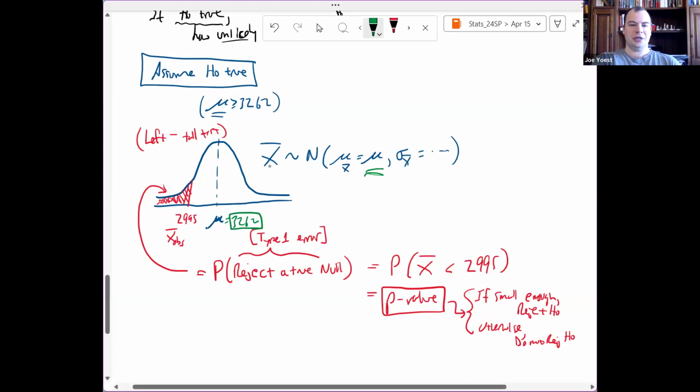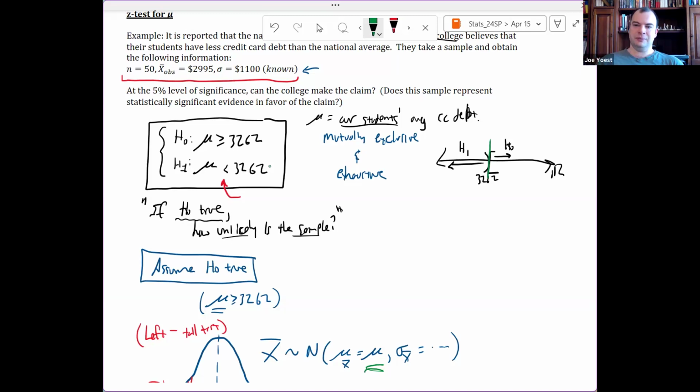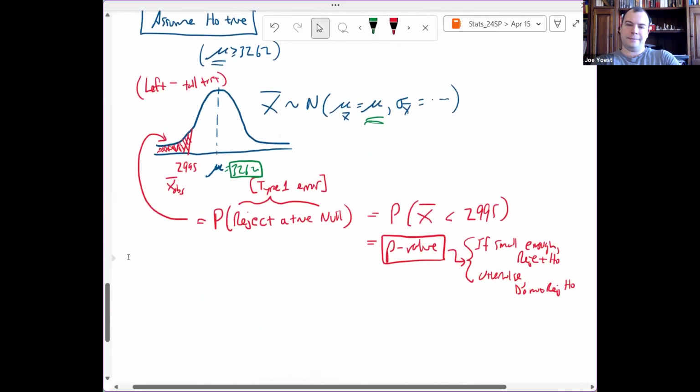I'm going to choose to test against mu equals 3262. This one right here. If I can reject against that one that's super close to my alternative hypothesis region, I can reject the null in favor of the alternative there, and I'm confident doing that. If the true mean was even higher than that, then I could reject even more easily, or with even more certainty, or however you want to put it.